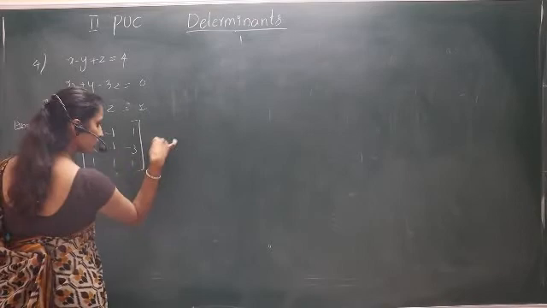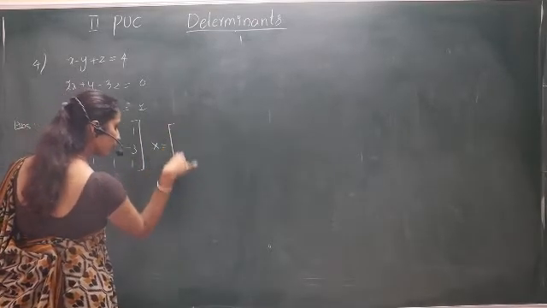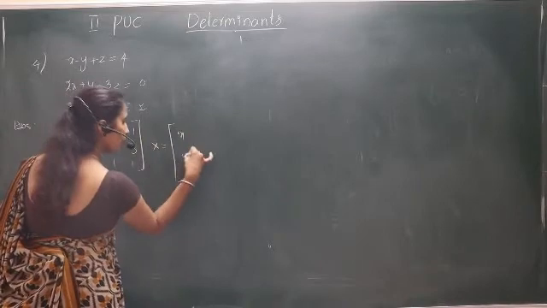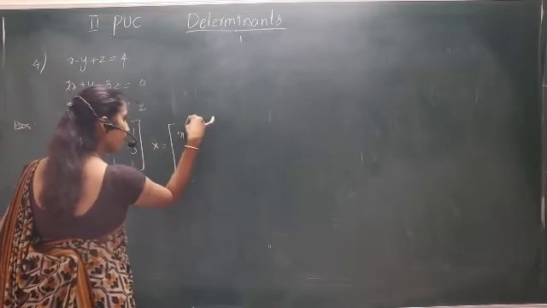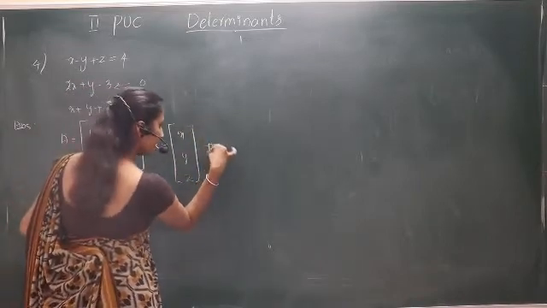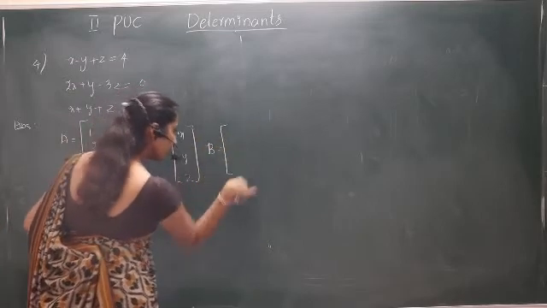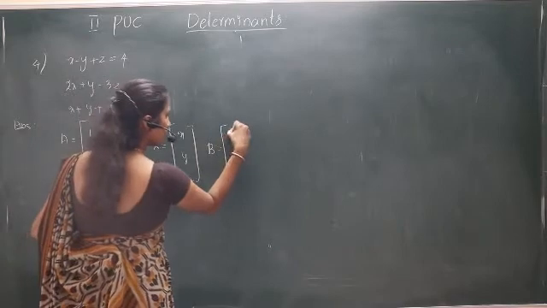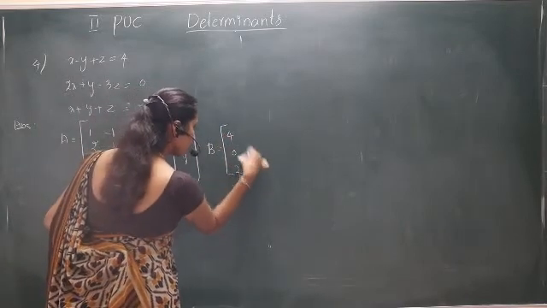X is a 3 by 1 matrix of 3 unknowns, that is x, y and z, and B is again a 3 by 1 matrix, that is 4, 0, 2.